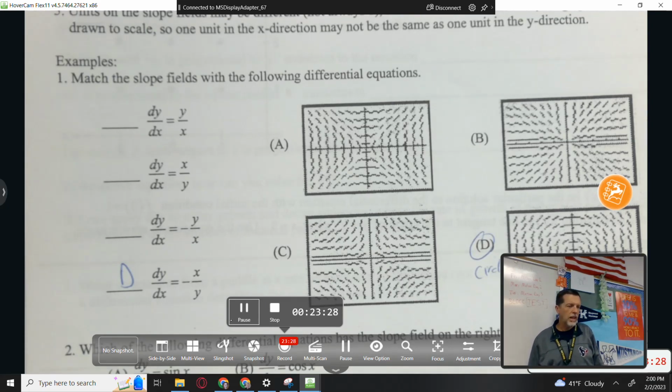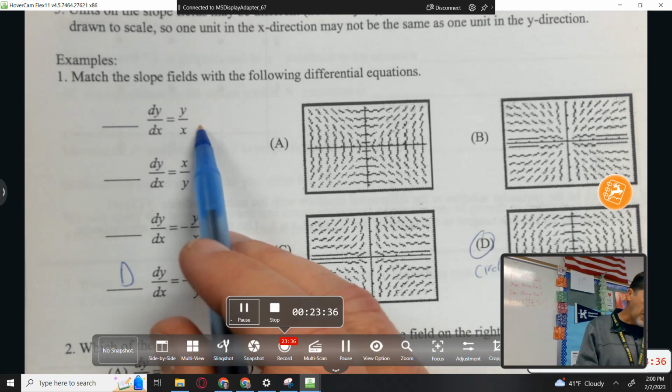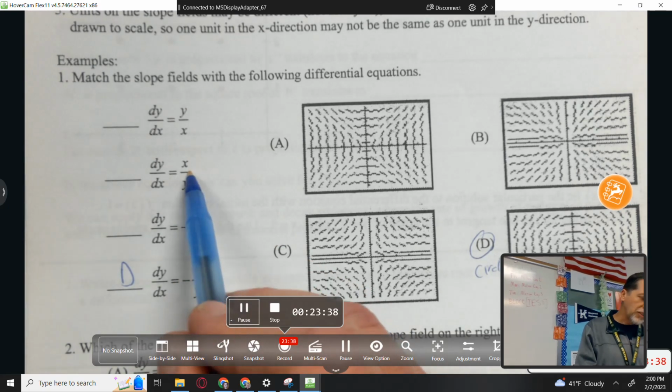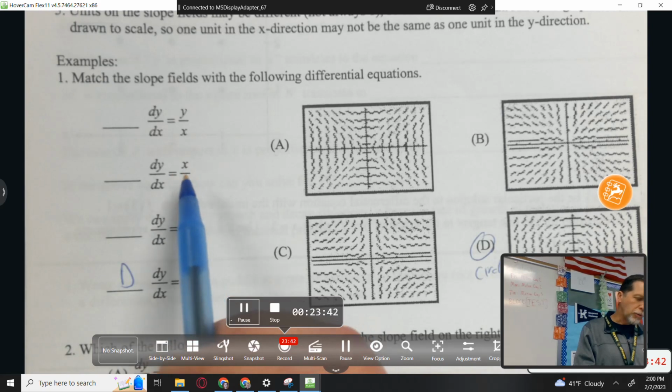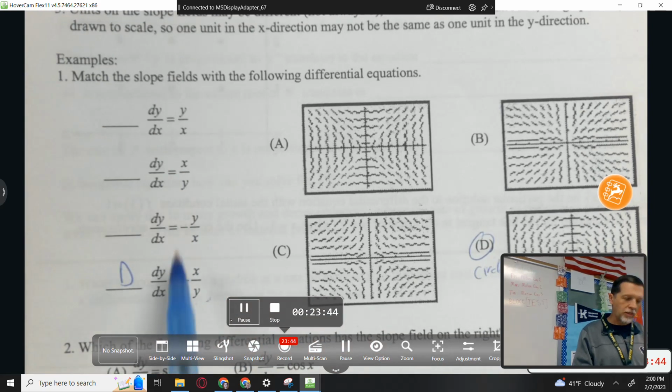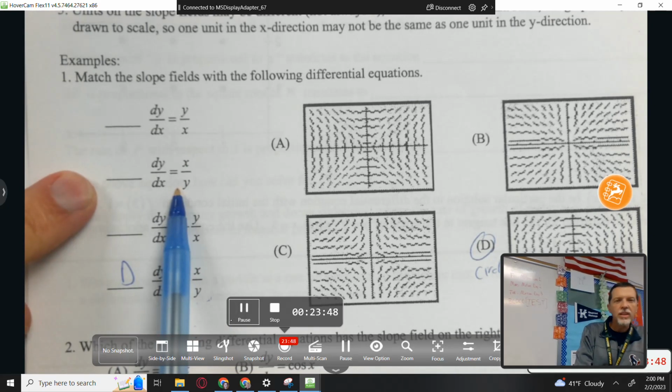Now the rest of them. I wonder if we should just start at the top or start with the one that's a positive version of the one we found. So the only difference between the second one and the fourth one is that sign. So let's see if we can find the second one.